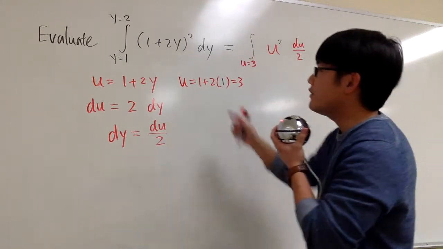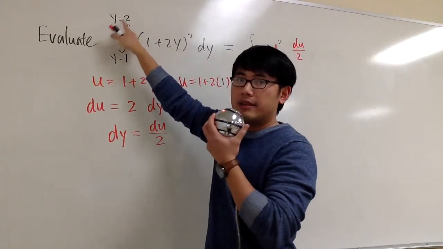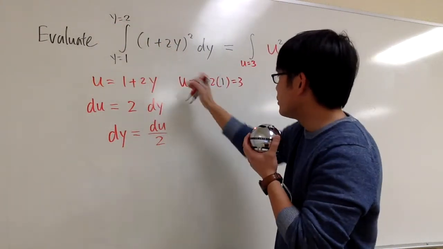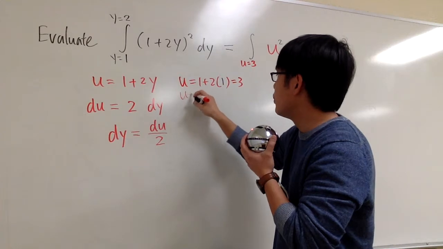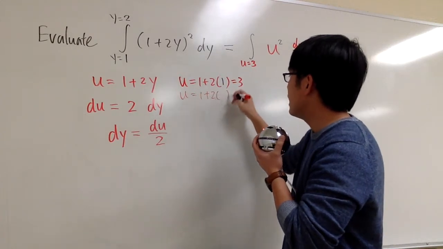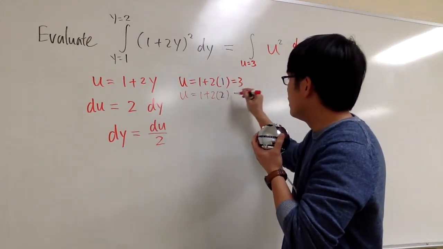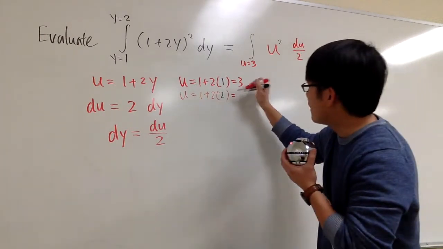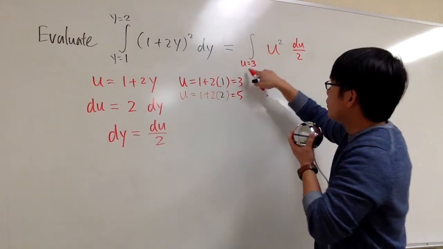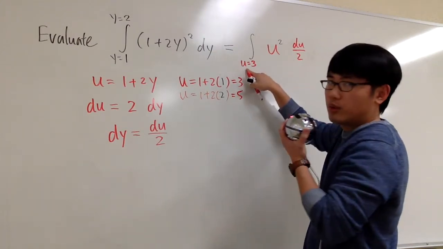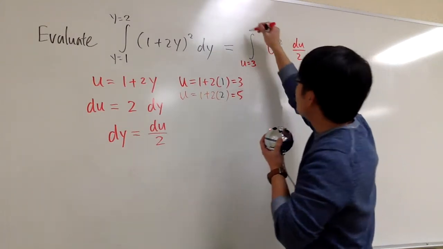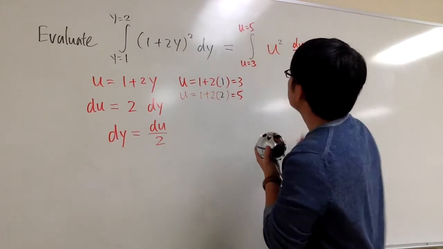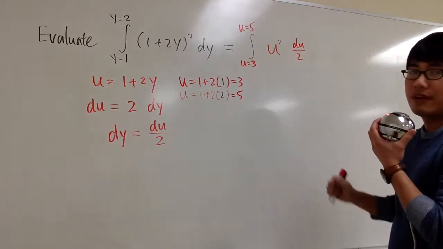And then we are going to do the same for the top number. y is equal to 2. If y is equal to 2, we know u will be 1 plus 2 times 2. Of course, we can work this out. 2 times 2 is 4, plus 1, we have 5. So in the u world, we have the integral going from 3 to 5. This is u is equal to 5. So this is what we have.